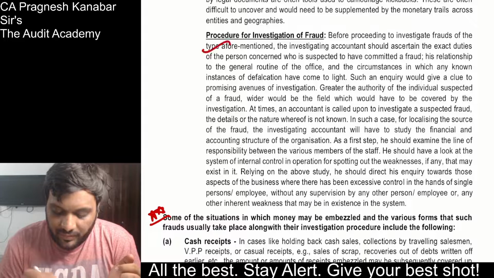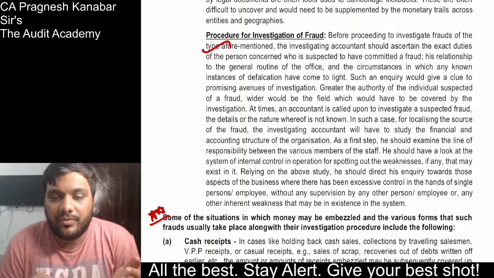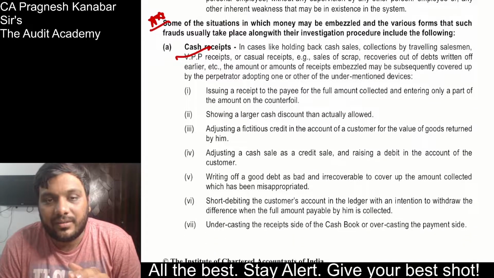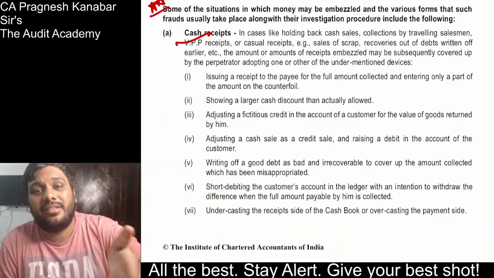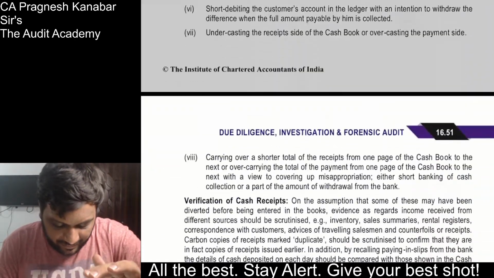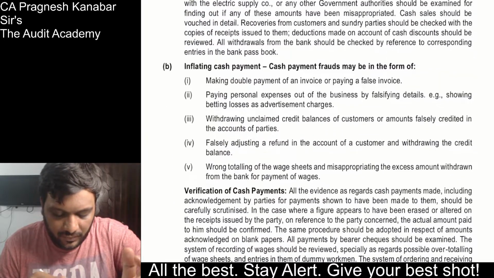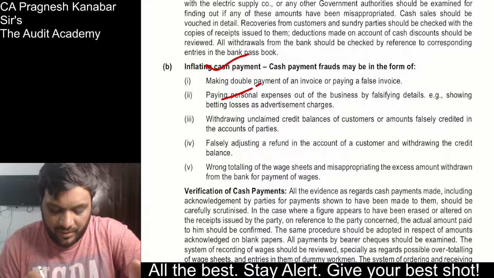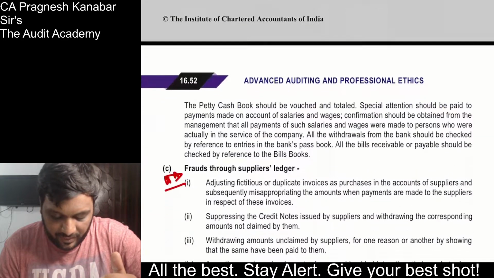Procedure for investigation of fraud: for any fraud investigation, from start to end, you have to investigate everything. Now cash receipts fraud, how can that be investigated? First they explain how cash receipt fraud can be committed, and then how you will investigate it. Inflating cash payments, showing fake bills, altered bills, how it is normally done, and then verification of cash payments.